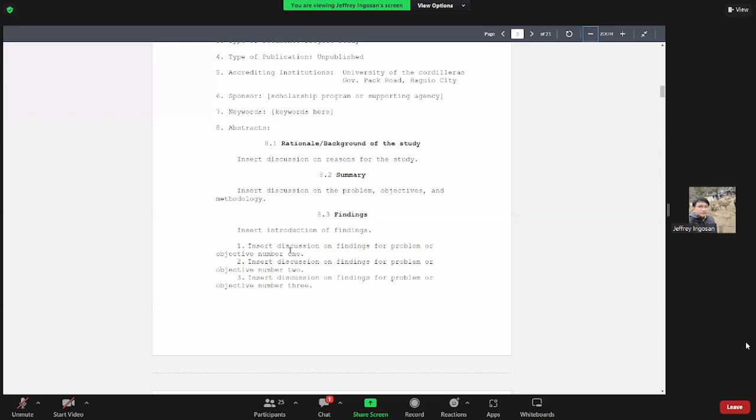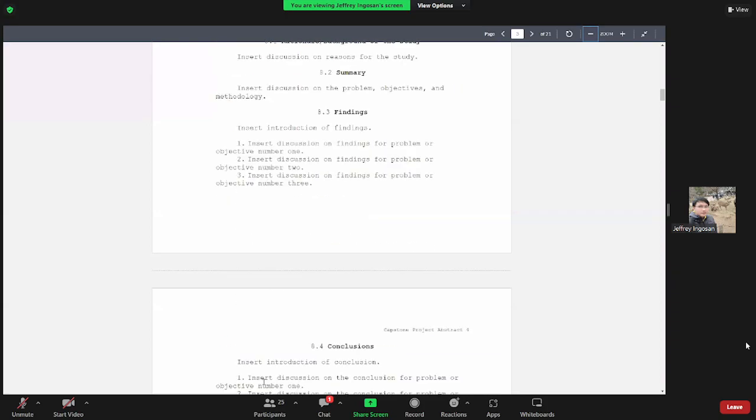So that's findings. And then you have here conclusions. So 8.4 is conclusions. Under conclusions, you go back to the findings and then you just write there what you have learned. So what are your contributions to the body of knowledge? What are your contributions to the learning process when you achieve the objectives or answer the questions, I should say.